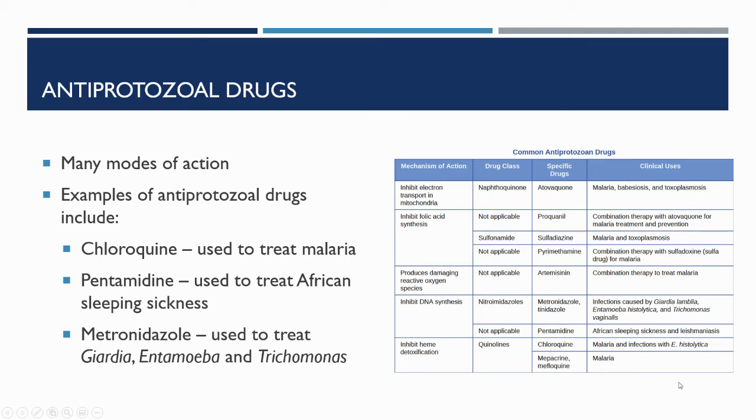And we've got lots of different modes. They can inhibit the electron transport chain in the mitochondria of the protozoan. They can inhibit folic acid synthesis, so some protists are able to do this, and again, we don't. They can produce damaging reactive oxygen species.